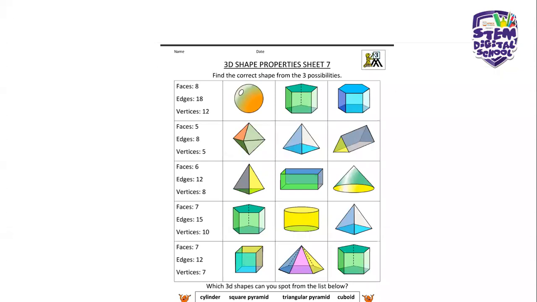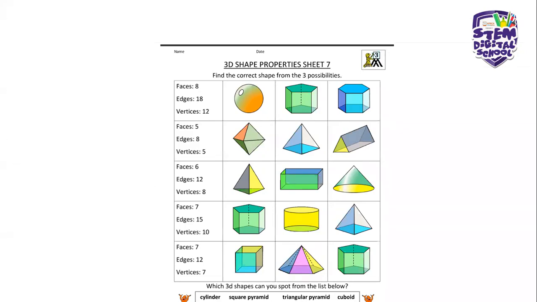So if you look at the first shape, all right, the first space there, that is a sphere, followed by a pentagonal prism and a hexagonal prism. Now we are told that one of these has got 8 faces and then 18 edges and 12 vertices. Which one is that? Let's link the correct shape to the 3 possibilities there.